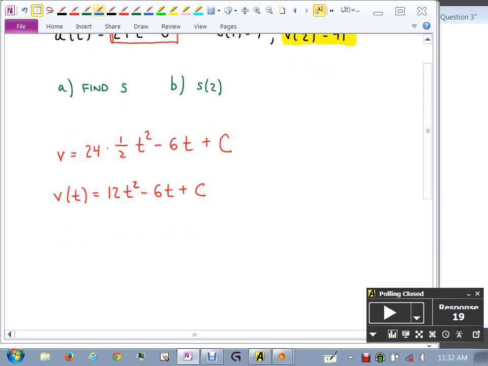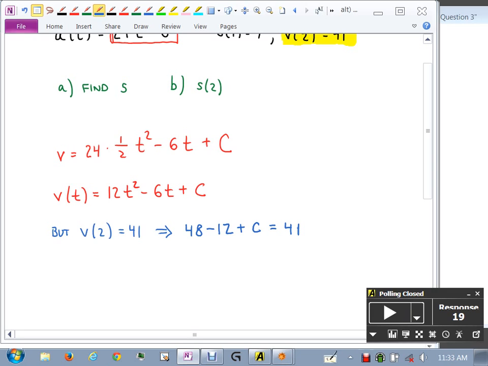So V of 2 must be equal to 41, which implies that when I plug 2 into this, what would we get? 2 squared is 4, 48, so we get 48, take away 12, plus some constant I don't know, must be equal to 41.